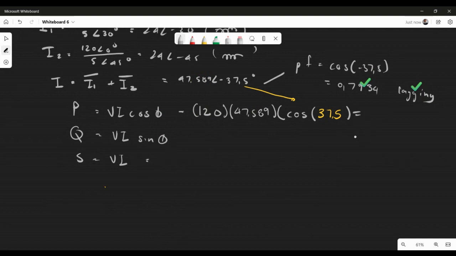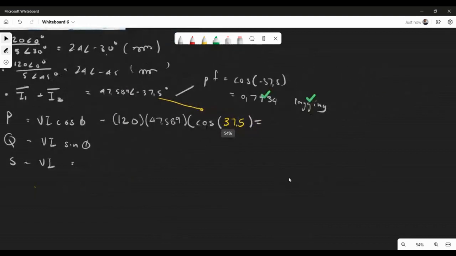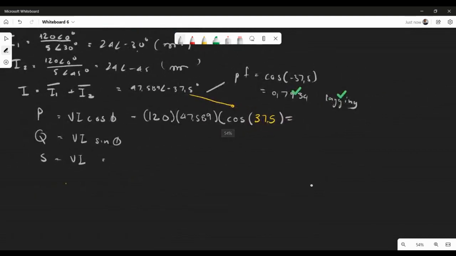What I get for real power, in watts, is 30.59. The reactive power will be in var, and the apparent power will be in volt amps. So let's see what we get there.